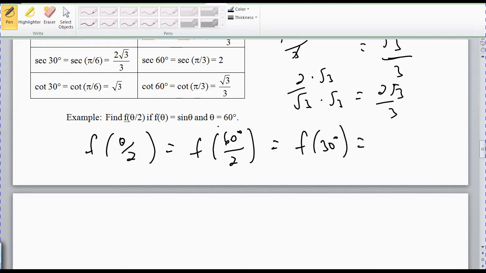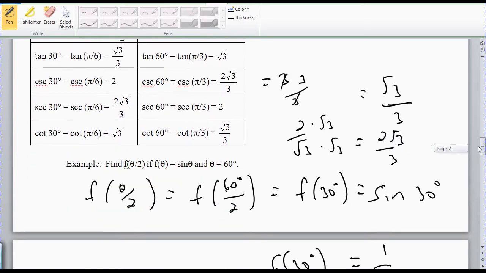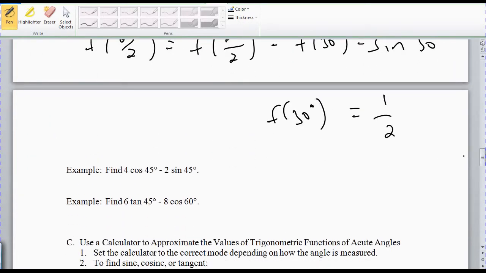So all that means you're going to do is everywhere you see a sine of theta, that theta is now 30 degrees. And what is the sine of 30 degrees? One of those things you should memorize. It's 1/2. And we still do have the charts. I'm just telling you.